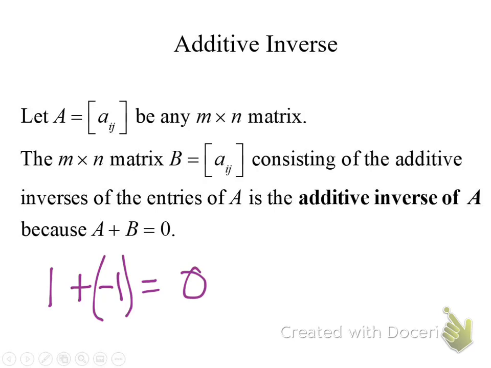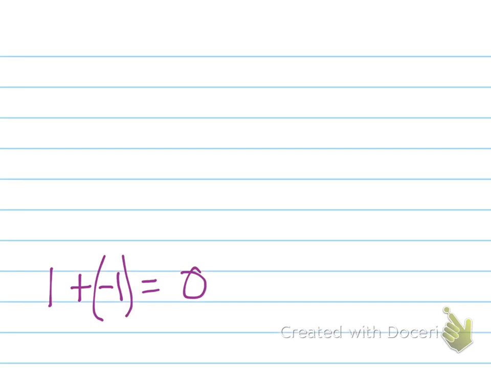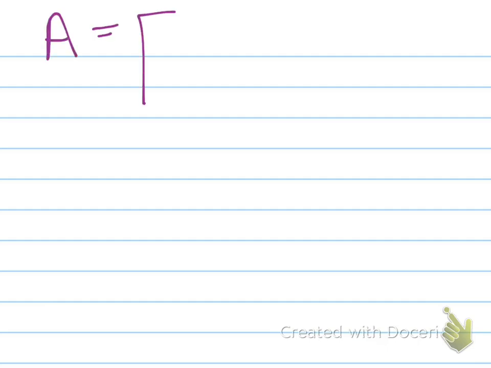So let's make an example so we can look at a matrix and its inverse, because I did not have one here. Let's look at the matrix A, where my entries are 3, 7, 9, and 2.